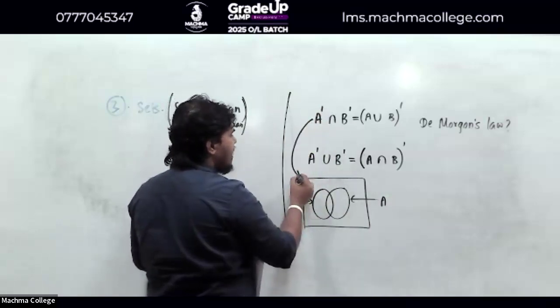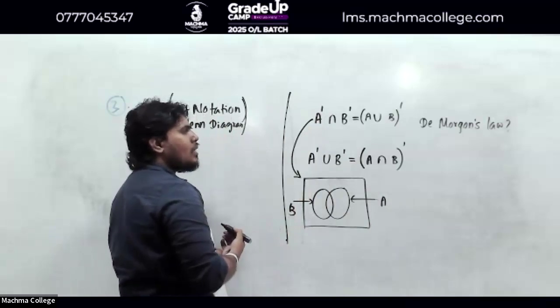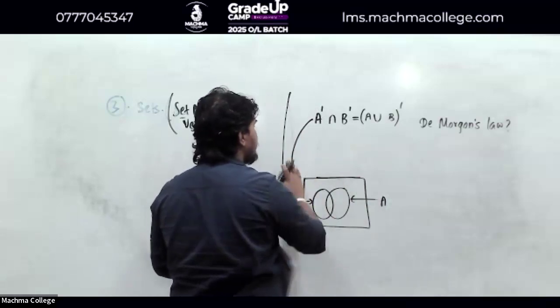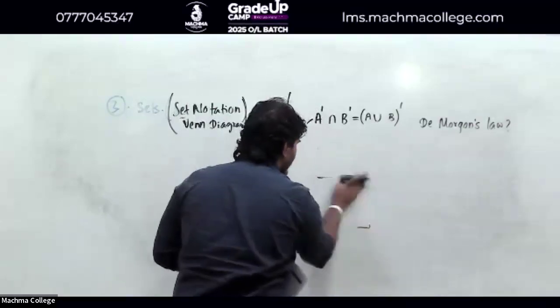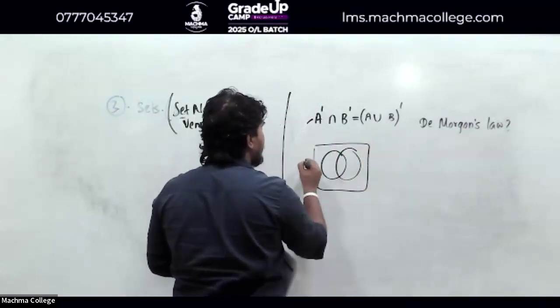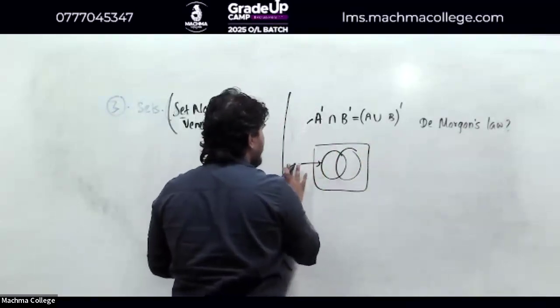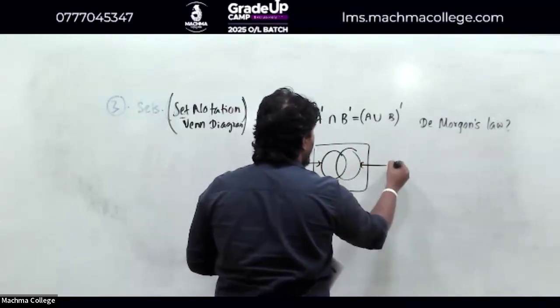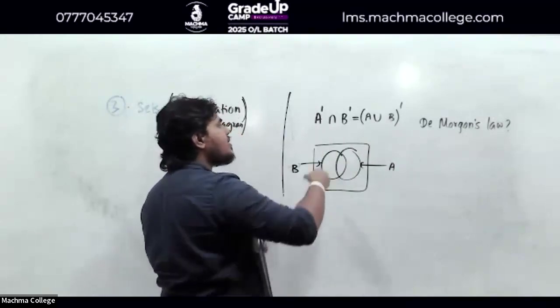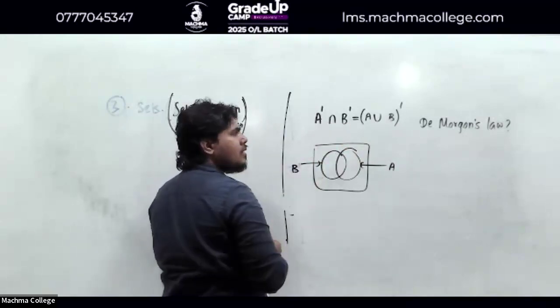I'll just erase this one. I will write it here. Set A, set B. This is set B. This is set A. A complement intersection B complement. This is the area that I have to shade.